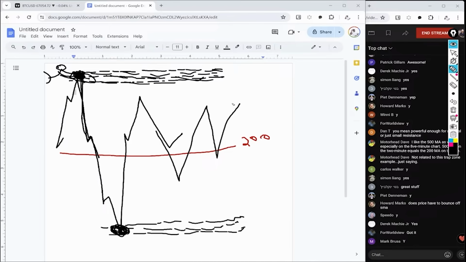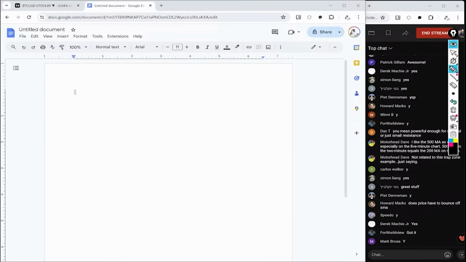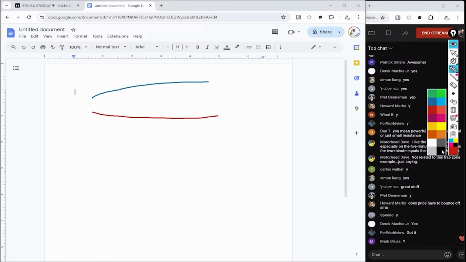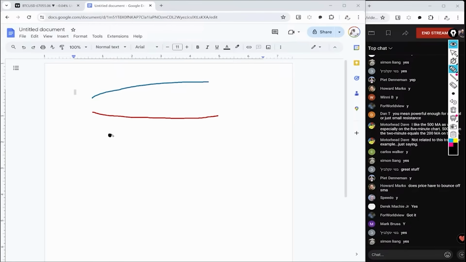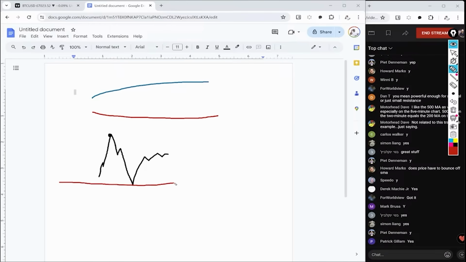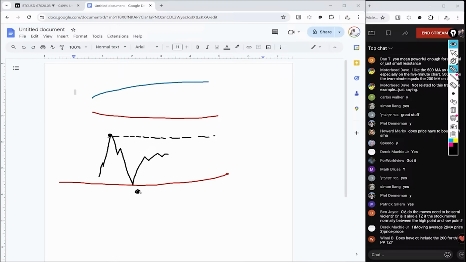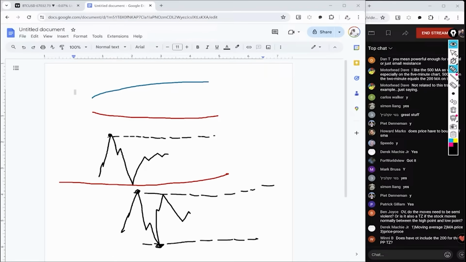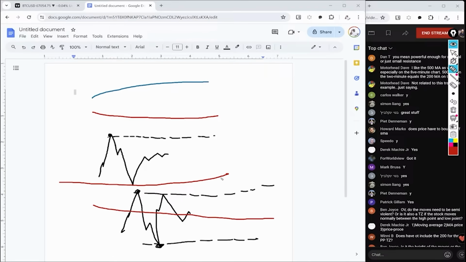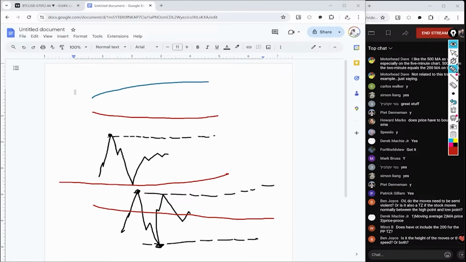So do you have the three different types? Moving average, moving average. Let me do little versions of them. Price, moving average. And you have price. The 200 doesn't have to be there. You don't need a 200 to have price.